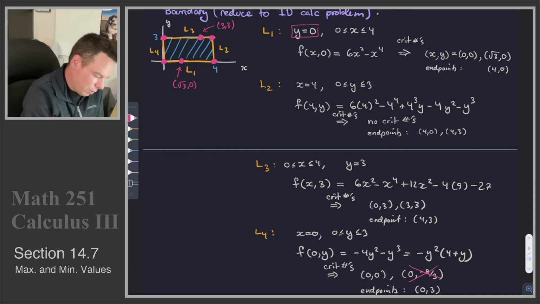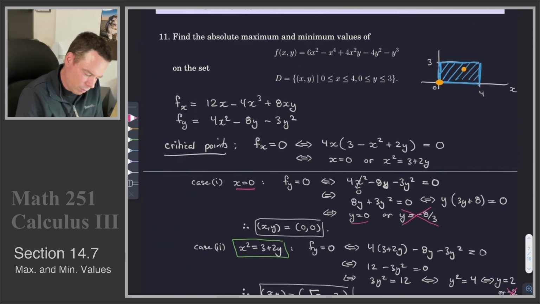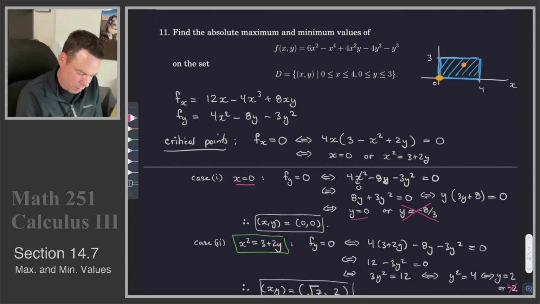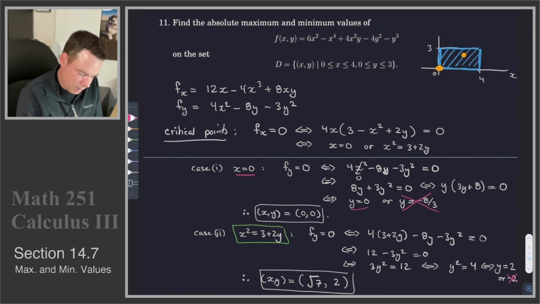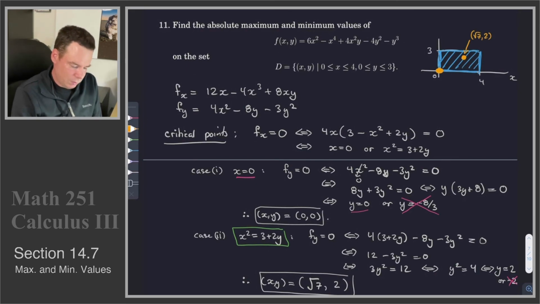And then, it wasn't part of the boundary results, but we also had that other point. We'll scroll up. We also had that orange point above. That was the critical number, the point (square root of 7, 2). So we got a bunch of points now that we have to check.